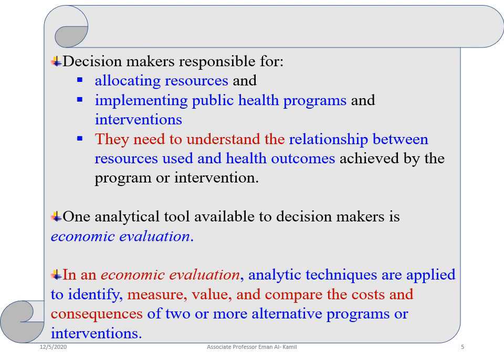First, we have resources, then we have many programs, public health programs or any health program, and we are going to choose the program and implement it in the community. Then they need to understand the relationship between resources used and health outcomes.